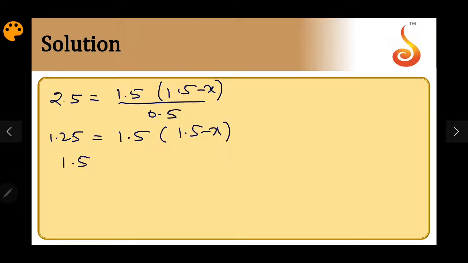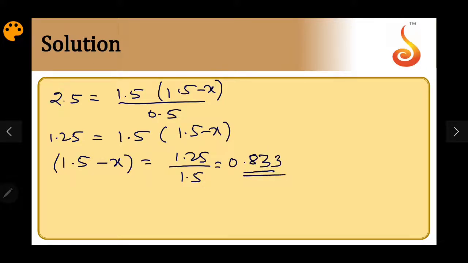So 1.5 minus y is equal to 1.25 by 1.5, which comes to 0.833. So y is equal to 1.5 minus 0.833, which comes to 0.667. Okay. So y is 0.667.